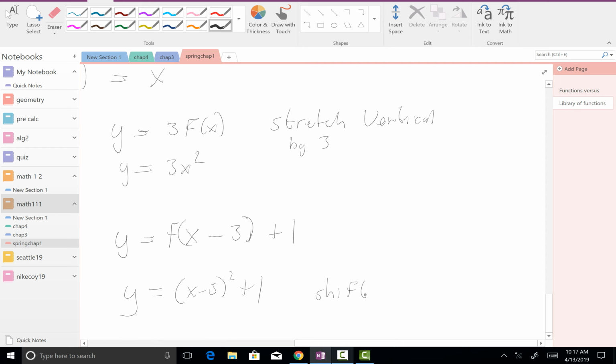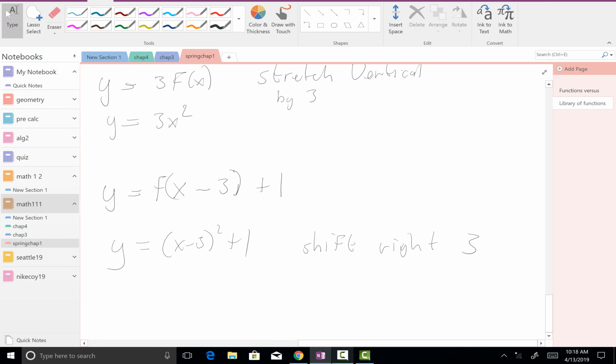You could say horizontal shift 3. Nothing wrong with that. What is the 1? It's our D. So up 1 vertically, or vertical shift. Boom, done. You're describing the transformations that occur onto that function.